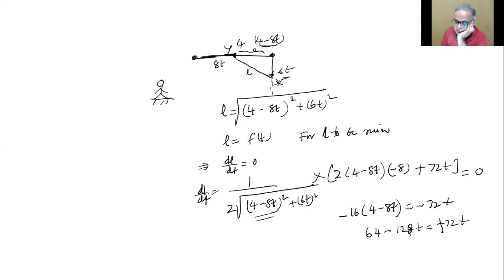Sorry, no minus. So what do I get now? 64 by, how much is this? 128 plus 72, that is 200.